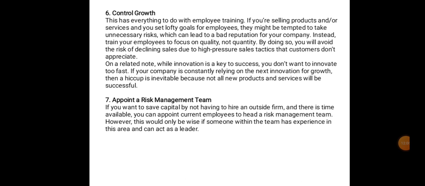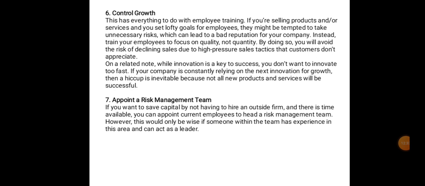Okay, because we are all retail investors, right? So if we take suggestions or corrections from the brokers or dealers, then there will be no problem for us to make a profit. Okay, that is why it's better to appoint a risk management team.